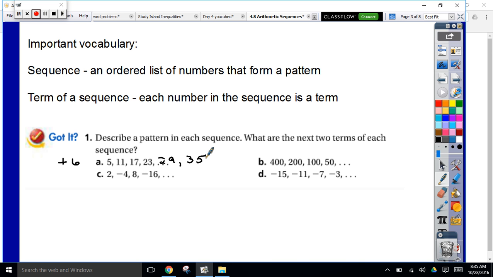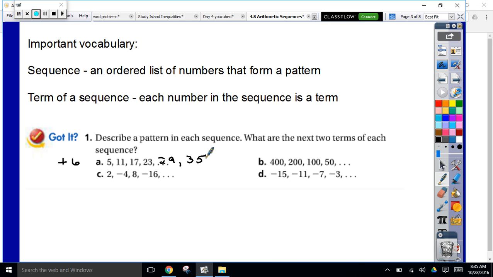Okay, how about letter B over here? Emma, how would you describe the pattern? Would it be easier to tell me the next 2 terms first? Yes.